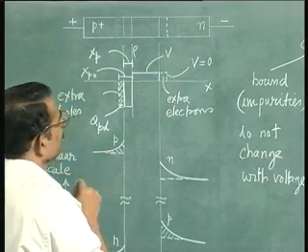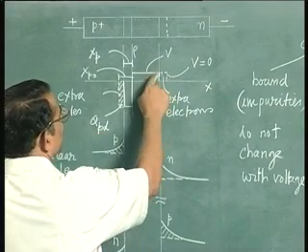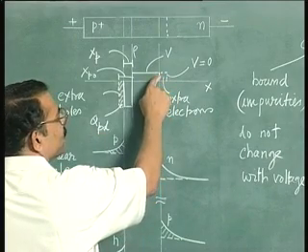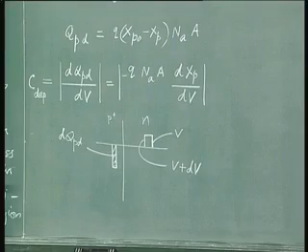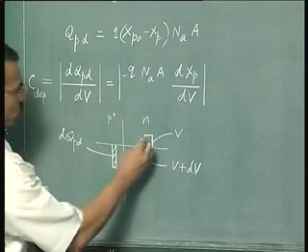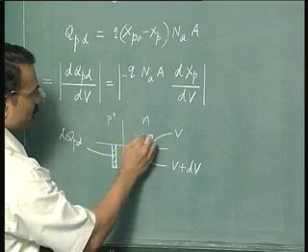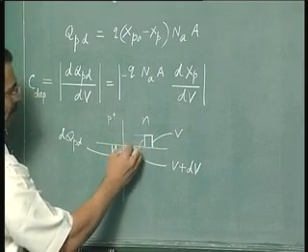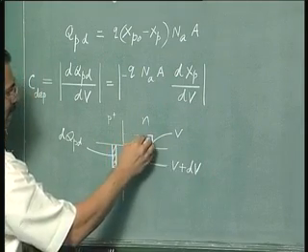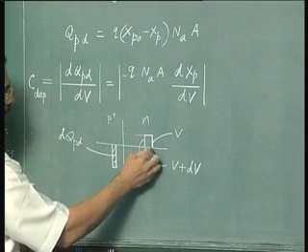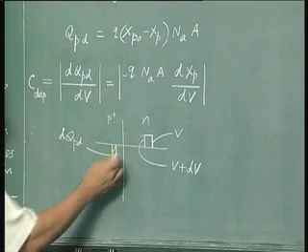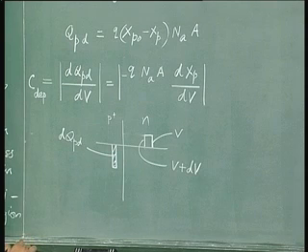Or alternately, we can draw the picture for any two voltages which differ only by an incremental voltage dV. That is what we have done here. For one voltage V, this is the picture, and for another voltage V plus dV, the depletion region has shrunk, this is the picture. dV is very small, so this thickness is very small, and this is the corresponding picture on the P side.